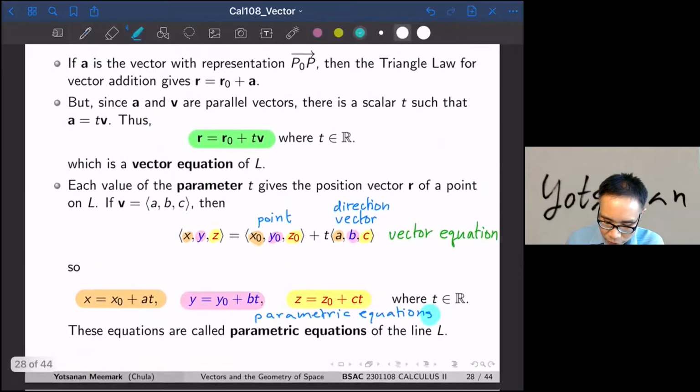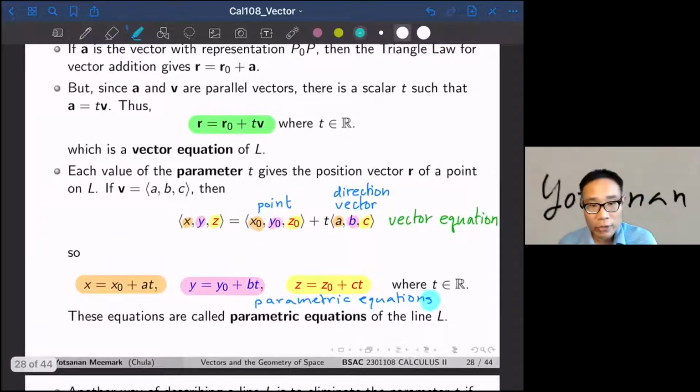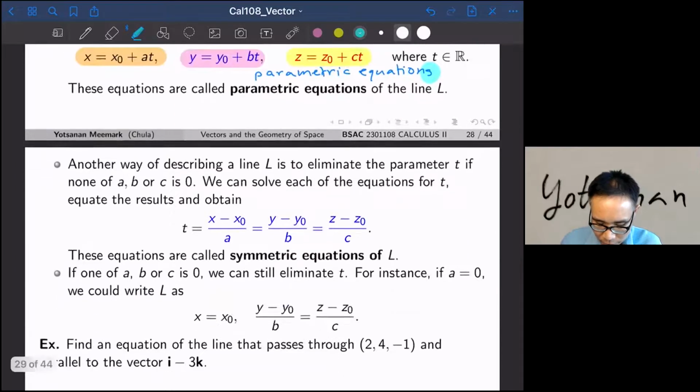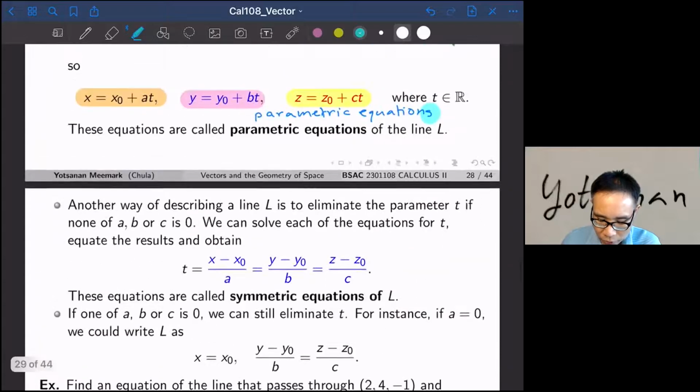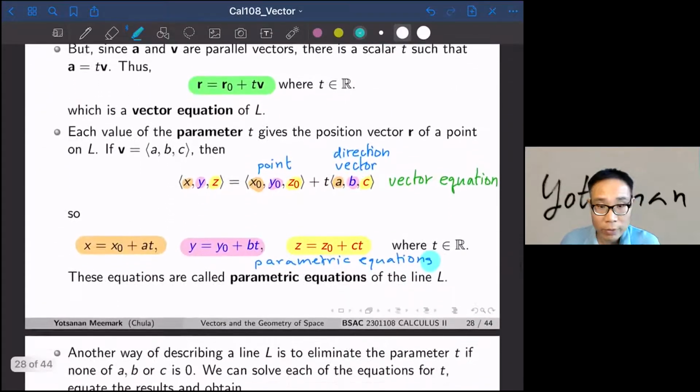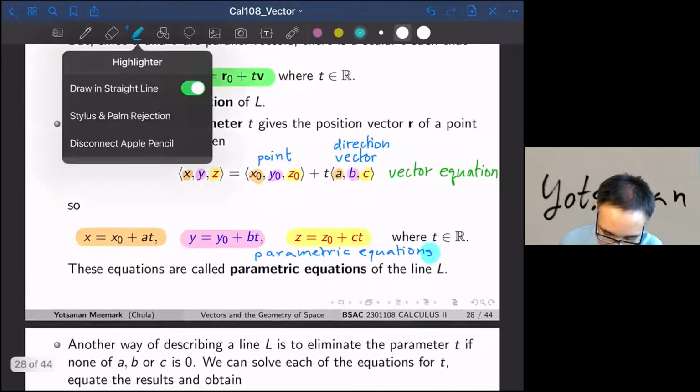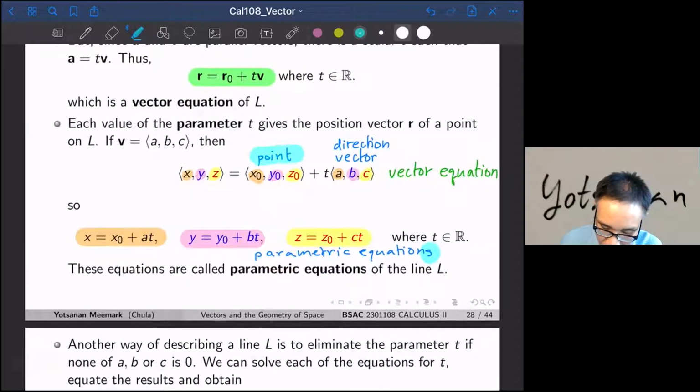The way to set up is to just use the point and the direction vector.